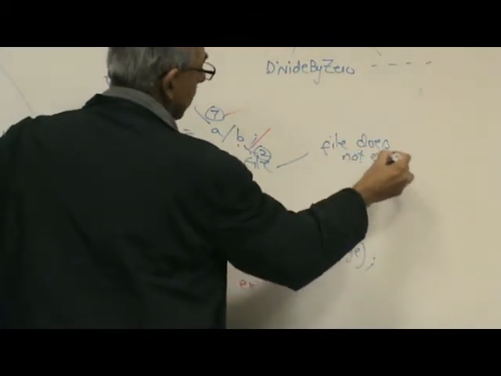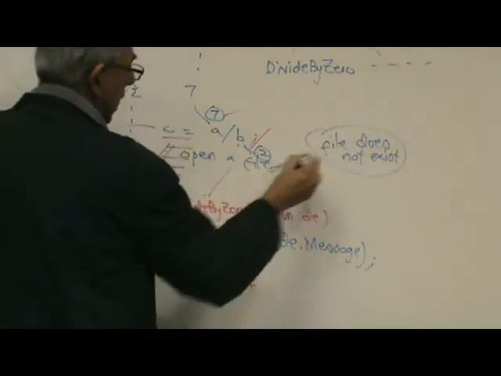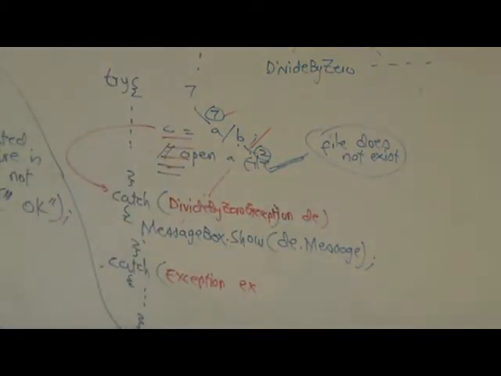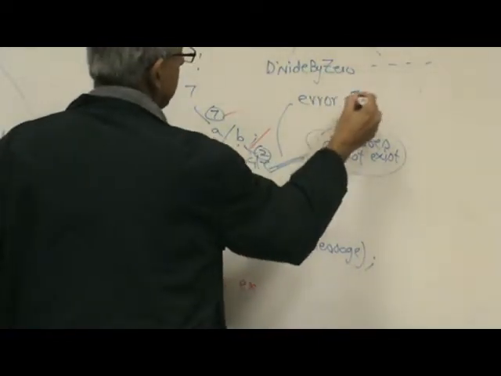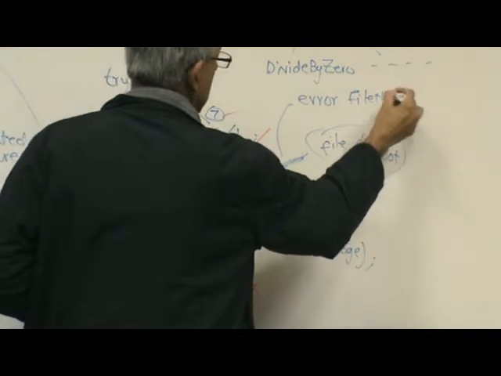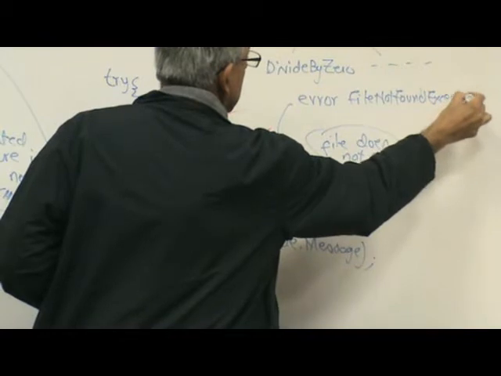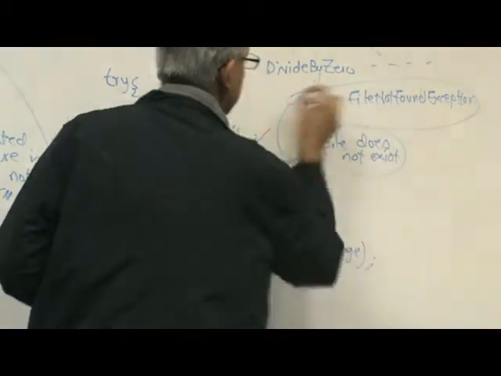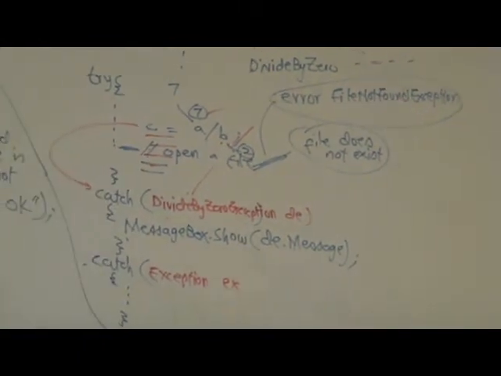We are trying to read from a file that doesn't even exist. So what will happen? An error will be created, which is of type file not found exception. So that's the error that will be generated.